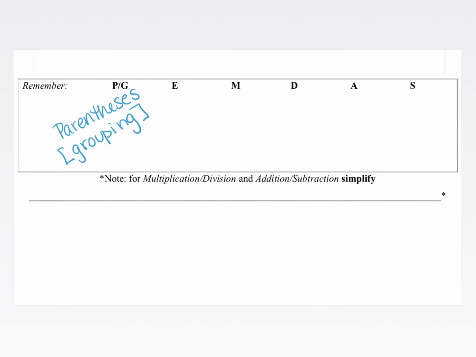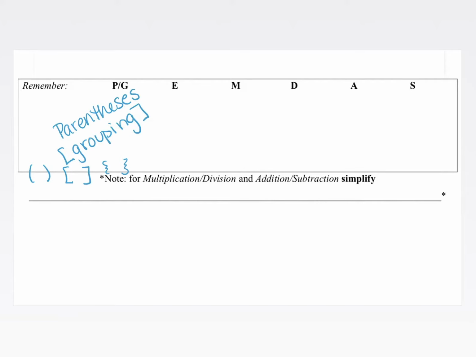For instance, when we're using PEMDAS to simplify an expression, we won't always see parentheses. Sometimes we'll see brackets, or sometimes a curly bracket. So there's a bunch of different grouping symbols that we could see. So keep in mind, if you do choose to use the PEMDAS acronym, that you're looking out for all sorts of grouping symbols.